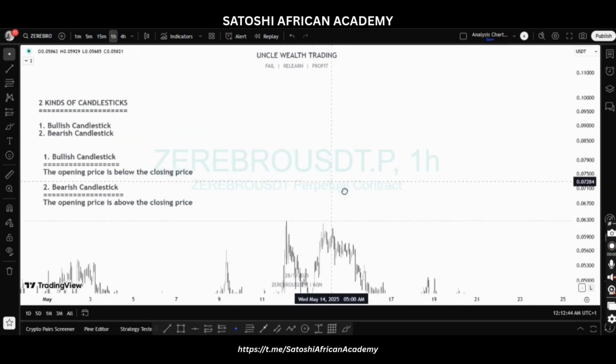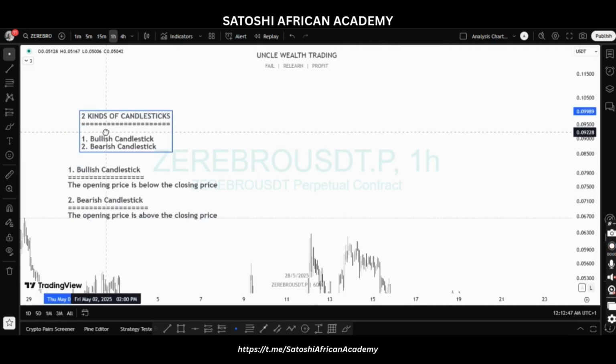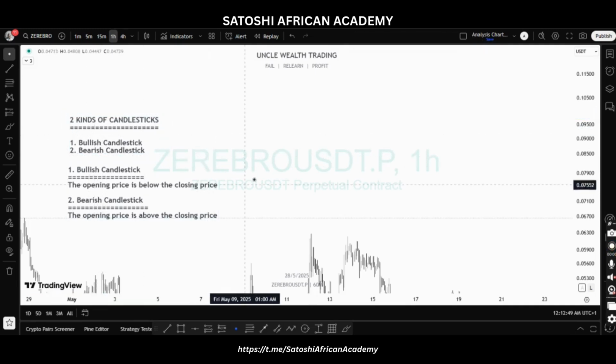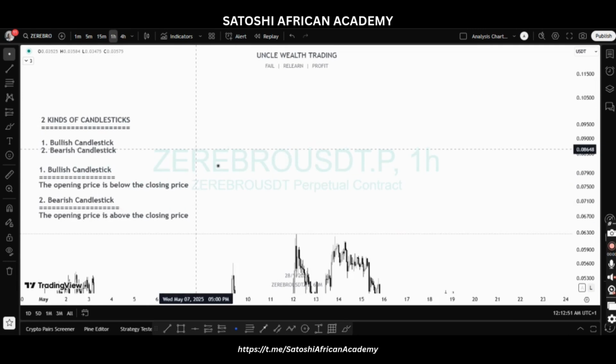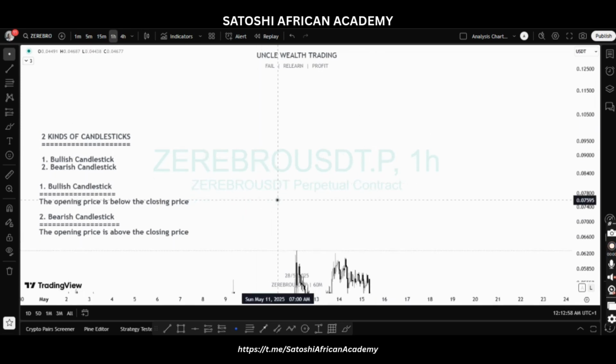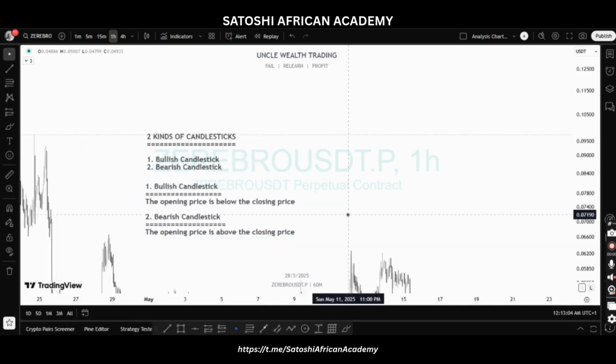So this is just what you need to know. Once you understand this, it becomes very, very easy for you to identify a candlestick. Different traders customize their charts to look different.